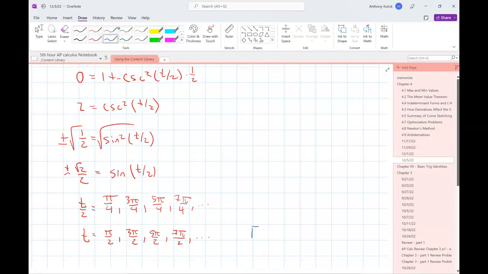But remember, we're only worried about the interval pi over 4 to 7 pi over 4. So all that stuff is gone.